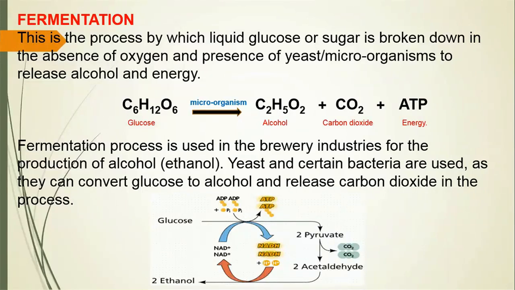Yeast and certain bacteria are used because they can convert glucose to alcohol, and at the end of the process they release carbon dioxide. So in the brewery industry, they expose sugary substances to certain bacteria and fungi like yeast, and they make sure the process passes through anaerobic respiration.